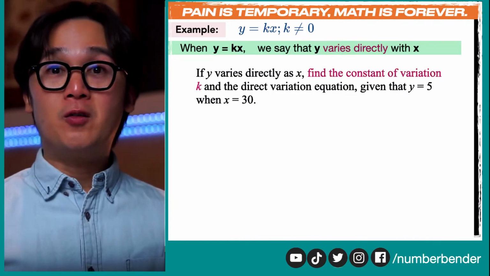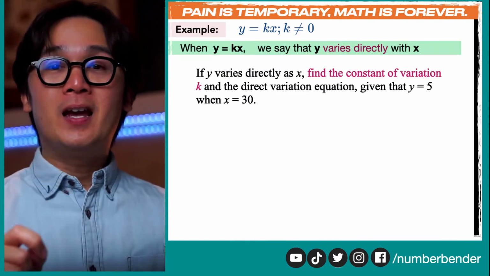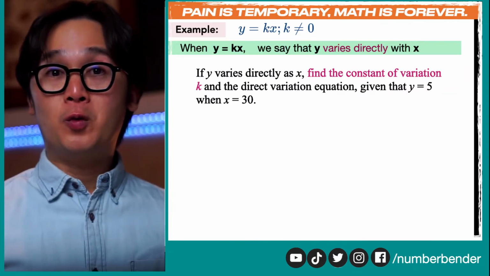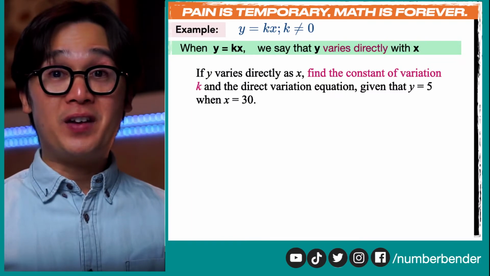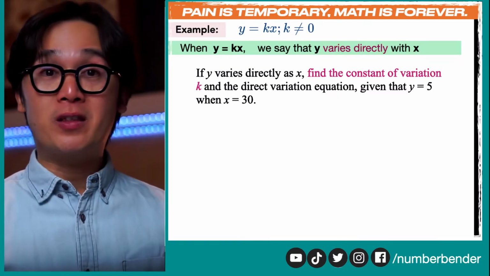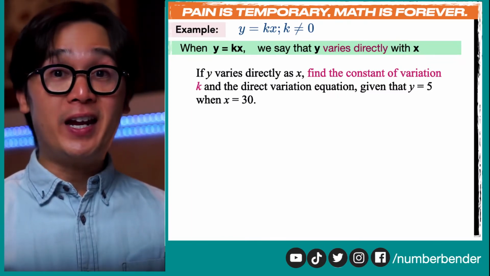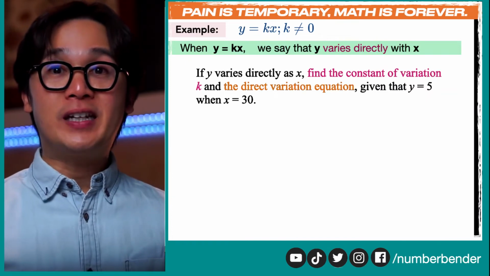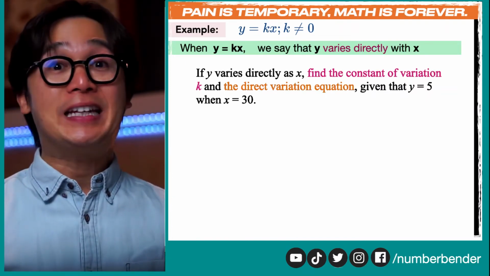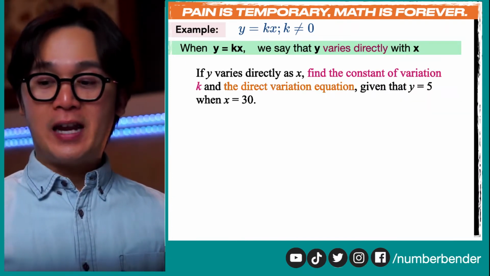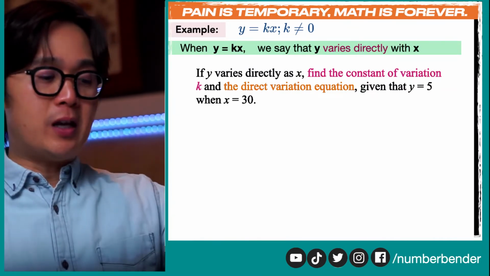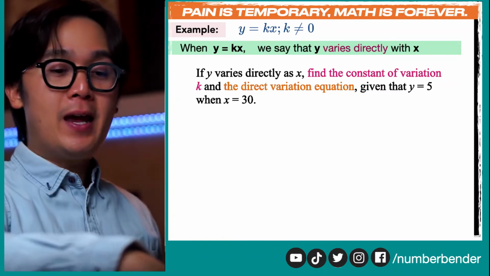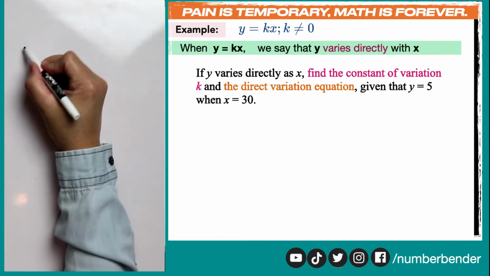All we need to do now is to, 1, look at the first statement and see which value we're looking for. And here we're looking for the constant of variation, k. So we know that we're going to find the constant variation k. And then after that, we need to write the direct variation equation. So just like what we did on our previous example, we're going to use the values given to us and start organizing our work.